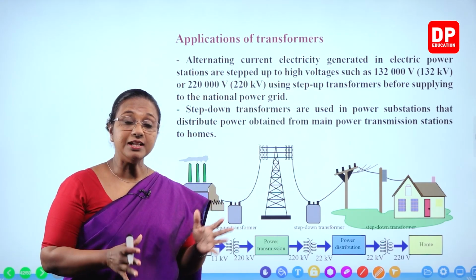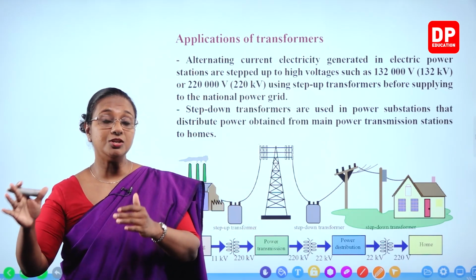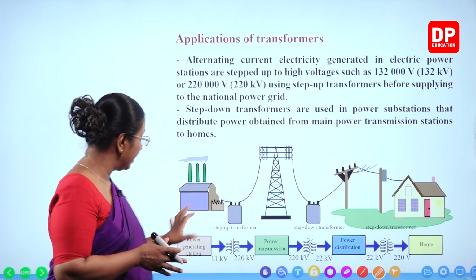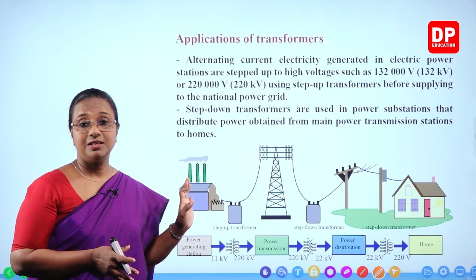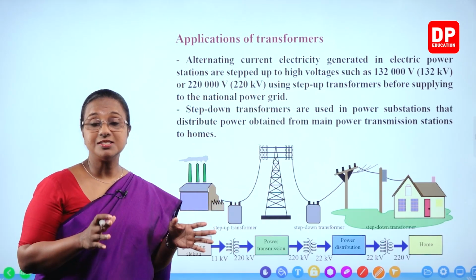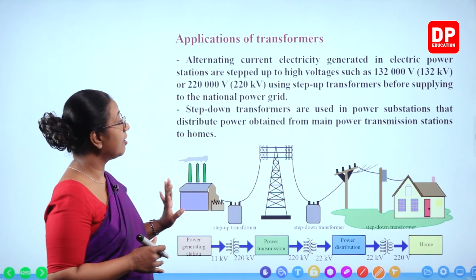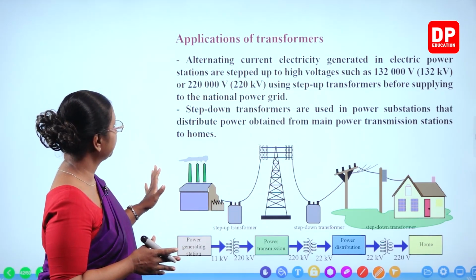Before that, the main national power grid supplies electricity to the distribution subcenters, and before that we have the places where the power is generated, the power generation centers. So there is a lot of transmission of power.